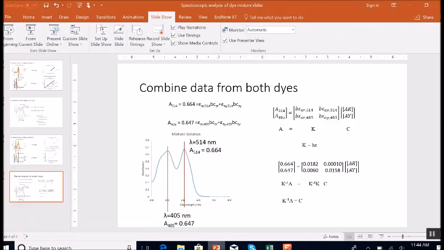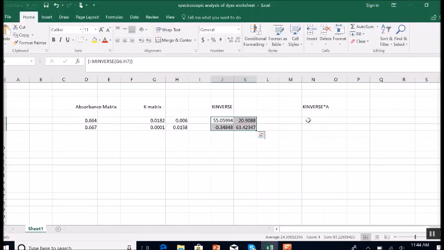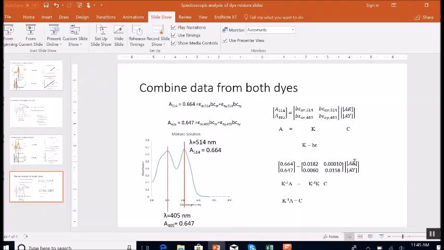Now if we go back to what we were trying to do, we're trying to multiply the inverse matrix, K inverse times A, so that we can solve for C. So let's ask Excel to do that math as well. What will the output look like? Let's go back. The output will be a matrix with 2 rows and just 1 column.